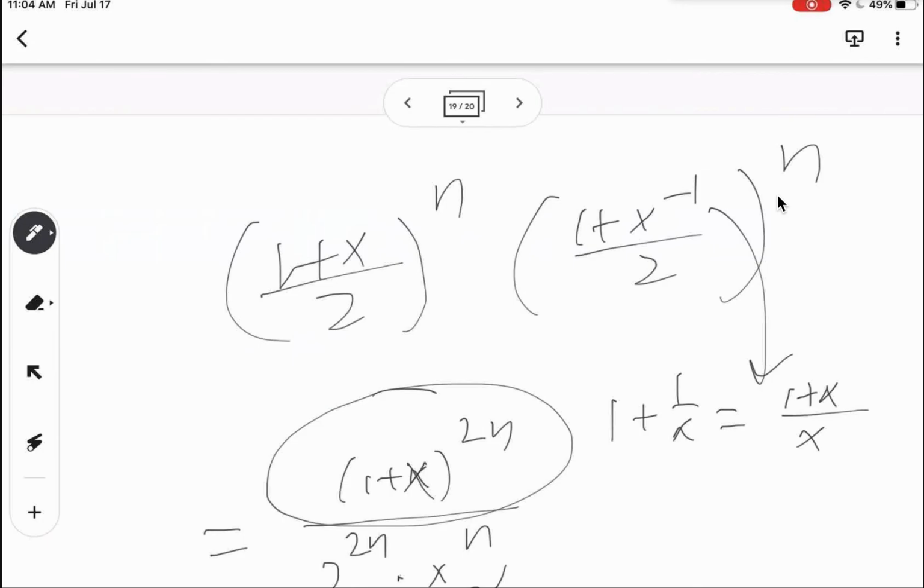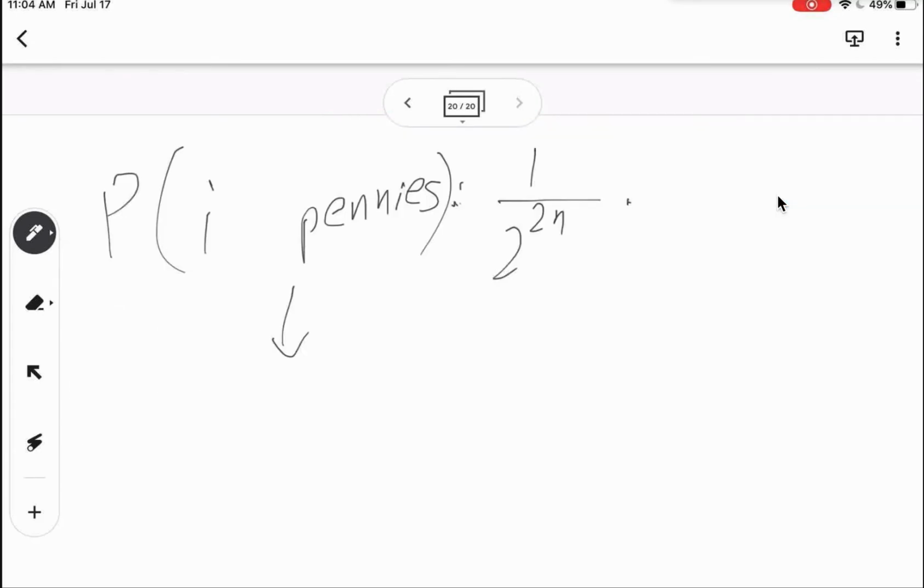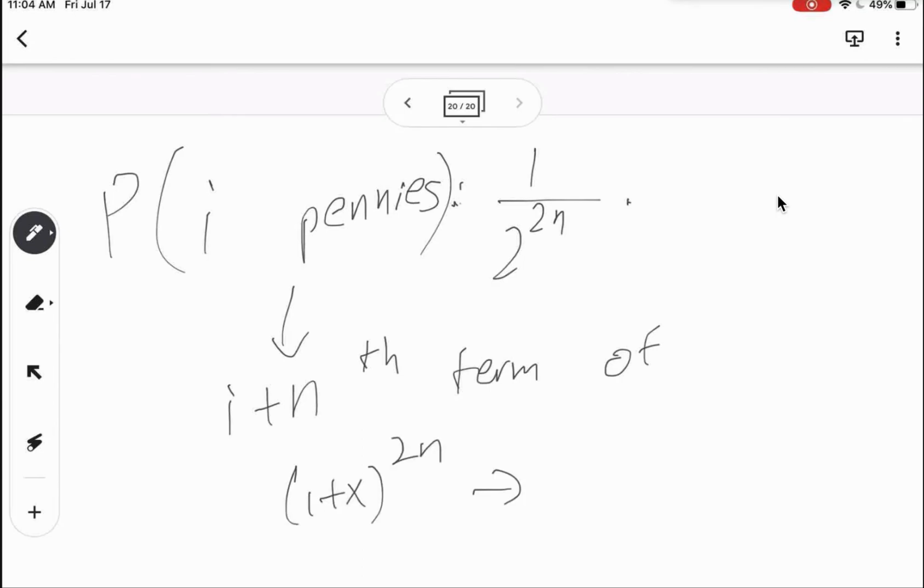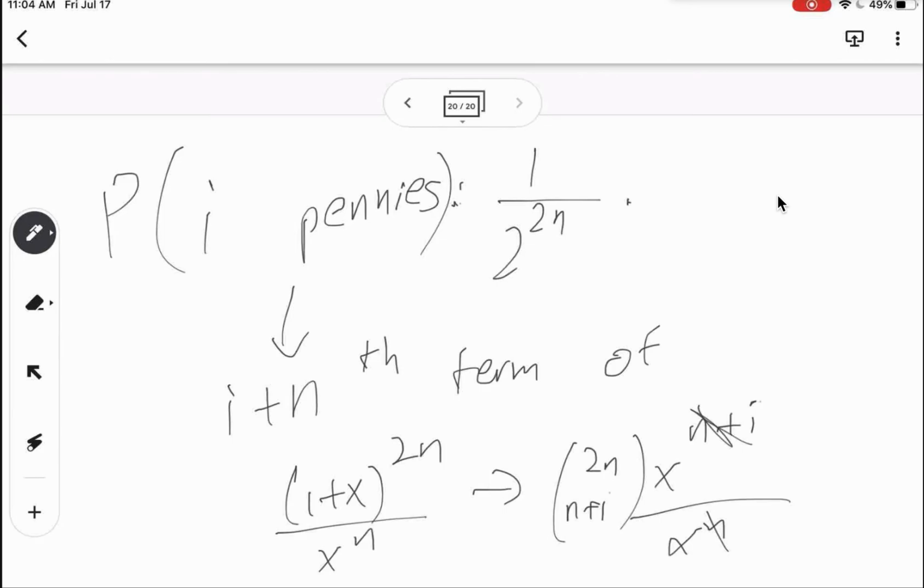So we're actually looking at the I plus nth term of the expansion 1 plus x to the 2n, right? So in this case, it would be x to the n plus I over x to the n times 2n choose n plus I. And of course, the n's cancel out, so we get the x to the I term. So the probability of I heads would be 1 over 2 to the 2n times 2n choose n plus I.